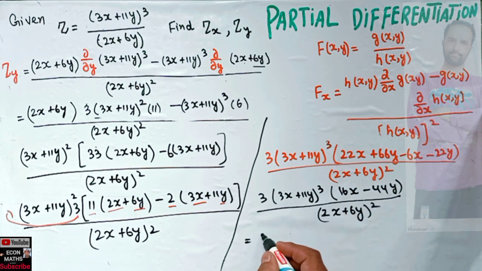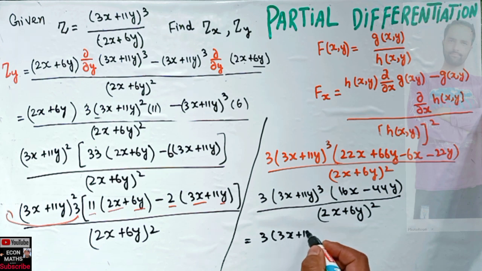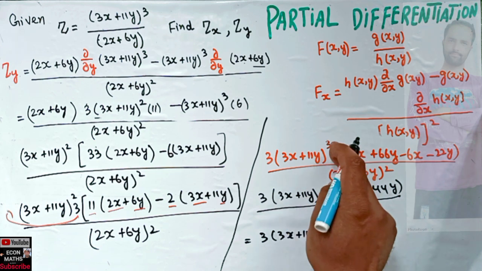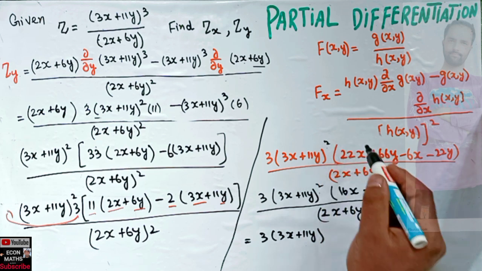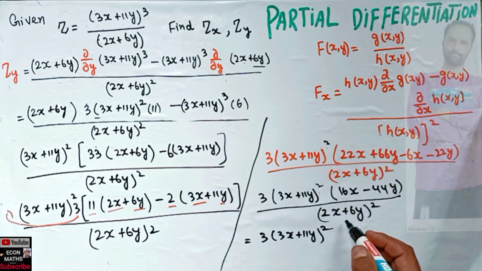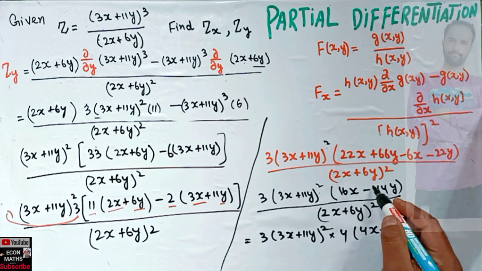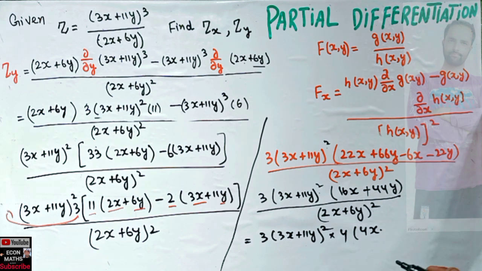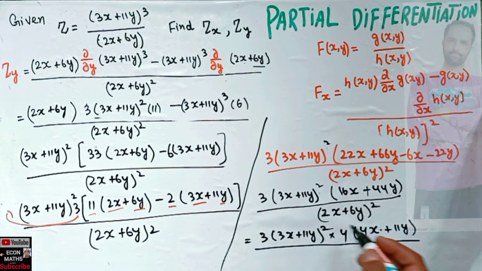Now we can write it like this. We have (3x + 11y) square here. Okay, I am making mistakes again. So we have square here, so taking 4 common again, we are left with 4x plus 11y, upon, here we can take 2 square common, so this becomes 4, and as I have explained it becomes (x + 3y) square.